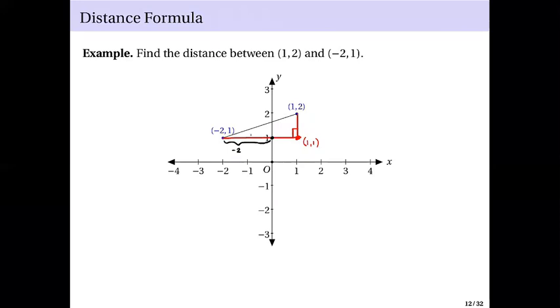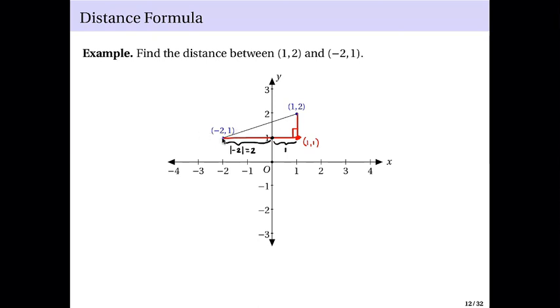The actual distance is a positive number, so it's just 2. And then from this point up to this point, the signed distance is 1. And of course, the absolute value of 1 is still 1.